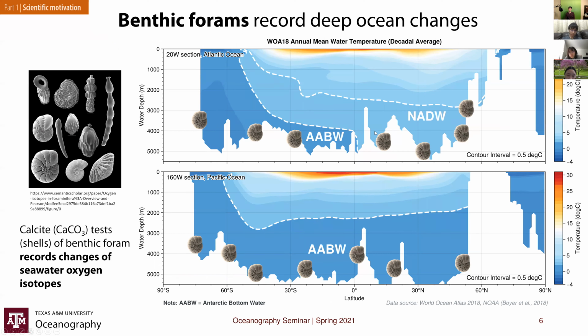And with our current understanding of how the deep water in the ocean forms, we know that this deep water is pretty homogeneous, and it's formed in certain places in the higher latitude regions. For example, the top panel here is a cross section of the Atlantic Ocean. And you can see that from the northern hemisphere, you have North Atlantic Deep Water formed in the North Atlantic.